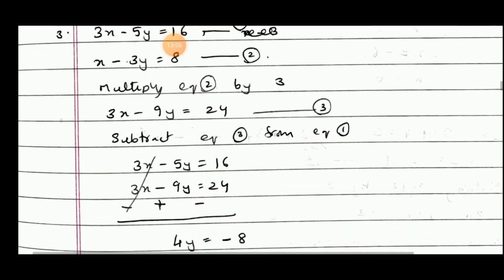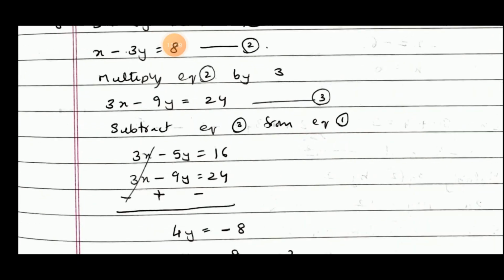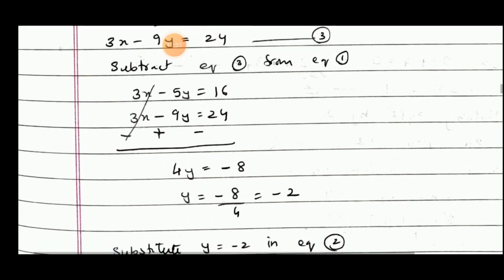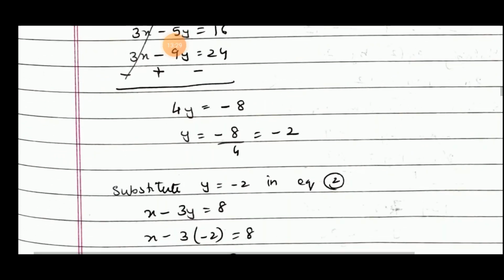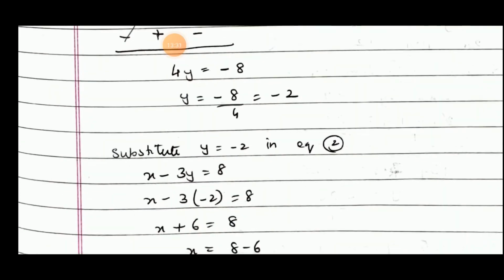You get 3x minus 5y is equal to 16, 3x minus 9y is equal to 24. So 3x minus 3x will cancel. Change the sign of the second equation, minus 9y, make it plus 9y, 16 minus 24. So this becomes 4y is equal to minus 8. y will be equal to minus 8 upon 4, that is y is equal to minus 2.